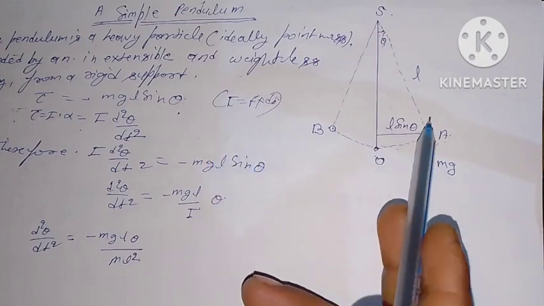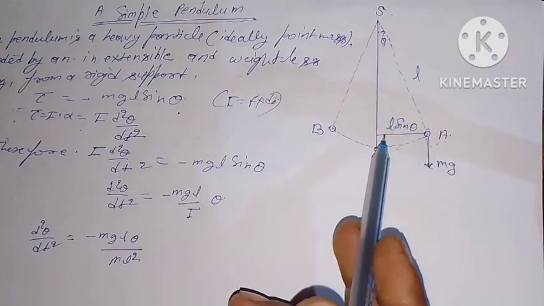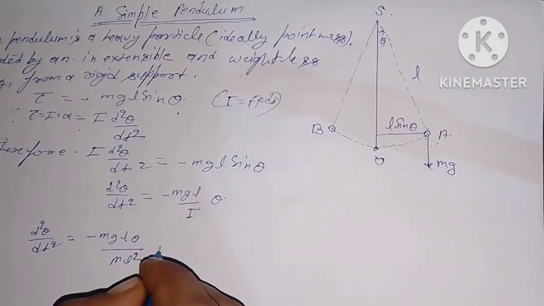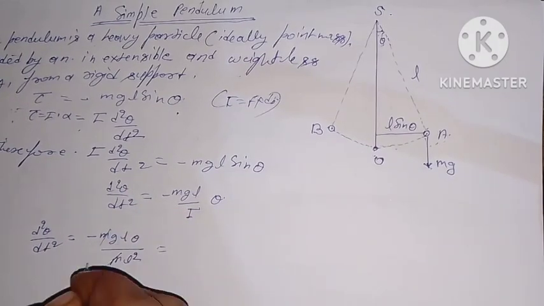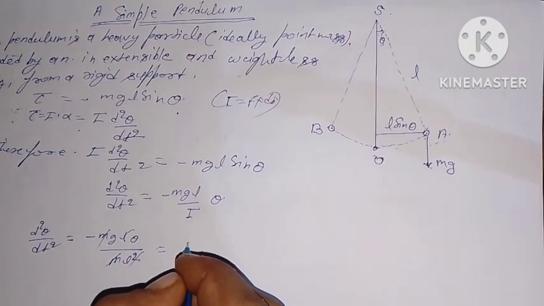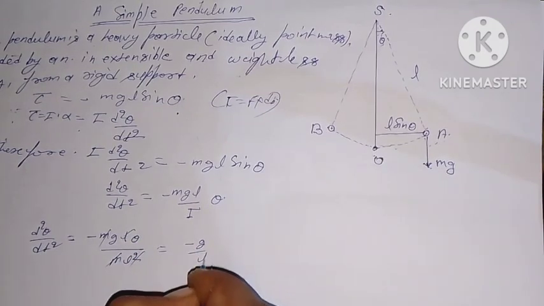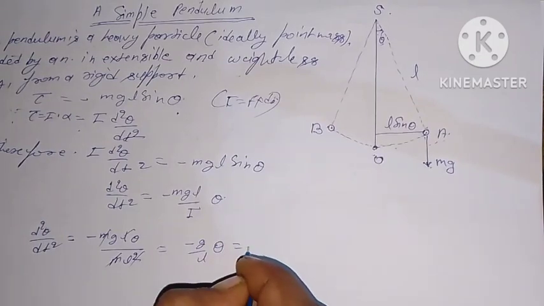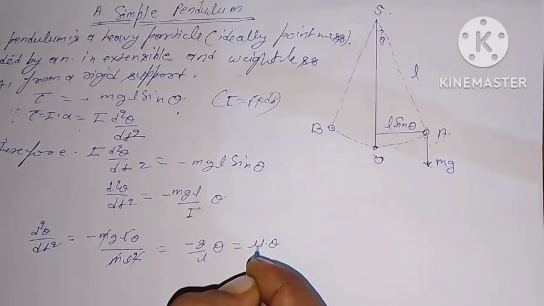Then m is cancelled by m, and one l is cancelled by one l. Then we get minus g upon l into theta, that is minus mu into theta.